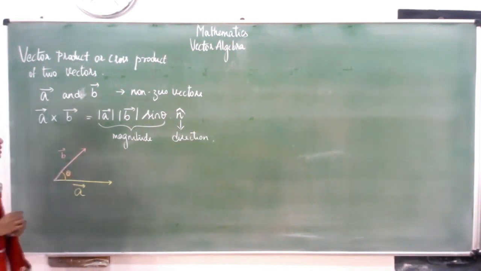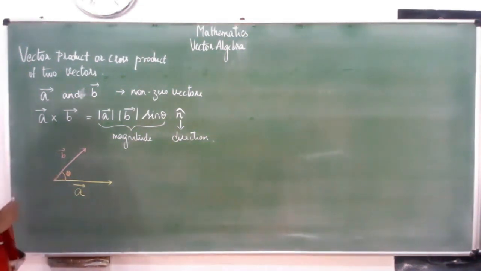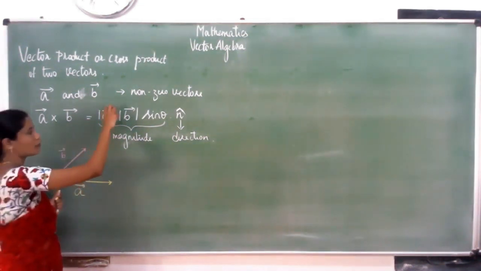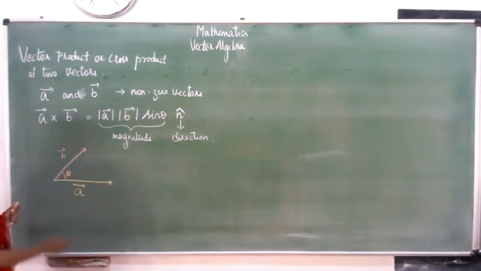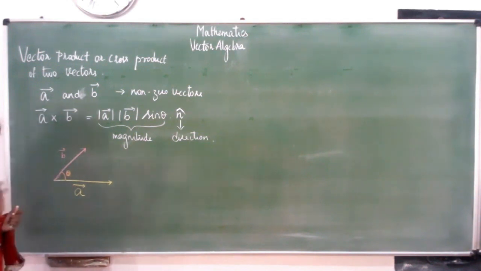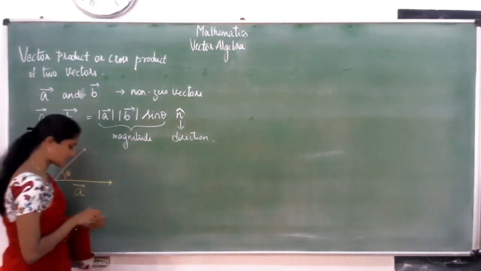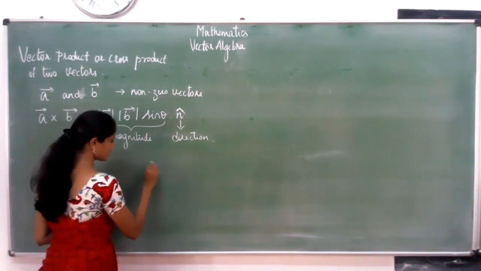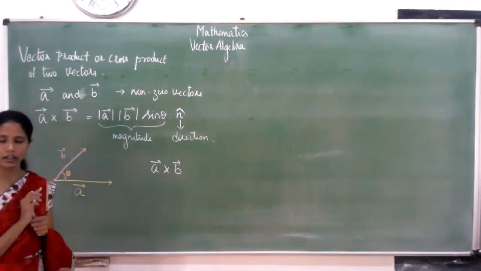According to the definition, when I take a cross product between these two vectors, I get magnitude of vector A, magnitude of vector B into sine theta. When I make a cross product between these two vectors, I get a vector as a resultant. That vector we call A cross B, vector A cross vector B. This is the resultant vector, one vector.